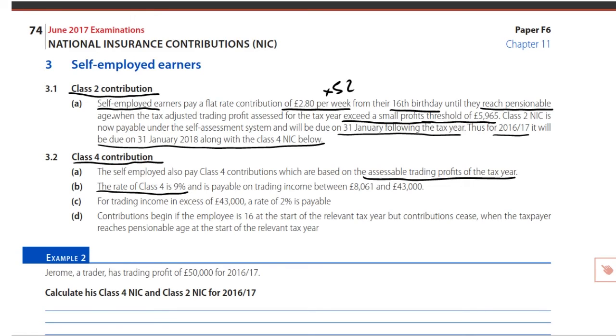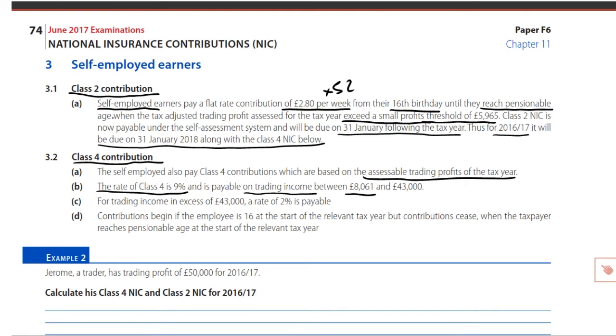So an advantage here in relation to being self-employed as compared to being an employee. The rate there is just 9%. Though again, you don't get all the benefits that an employee would get from the state system, but it is a lower figure. And it is payable on your trading income assessment between, well, recognise these. Again, you've got a lower limit of 8,060 and an upper limit of 43,000.